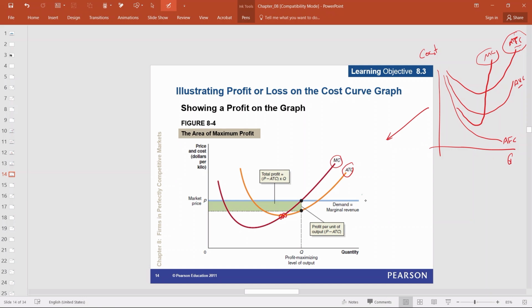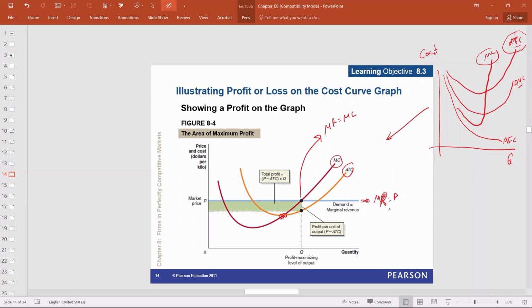And this curve is marginal revenue, which is also price. As you see, this curve is above all of them. But when I say above all of them, we need to recall the criterion which says marginal revenue equals marginal cost. Sorry, I should put marginal revenue here, not marginal cost.